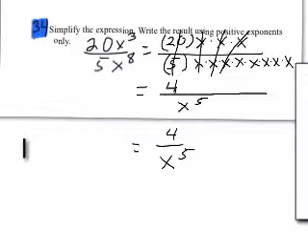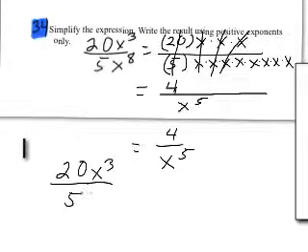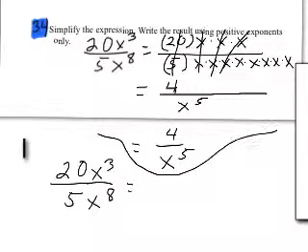Now you could follow the rule that when you're dividing variables with exponents, you subtract them. We've got 20 x to the 3rd power over 5 x to the 8th power. 5 into 20, we've got the 4. And then x to the 3rd power divided by x to the 8th power, so we subtract the two: x to the 3rd power minus the 8th power.